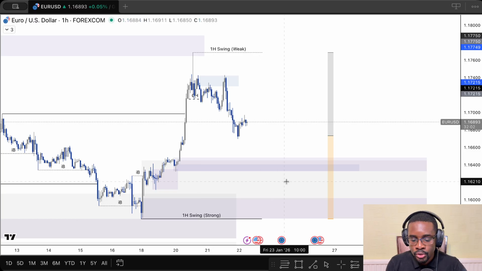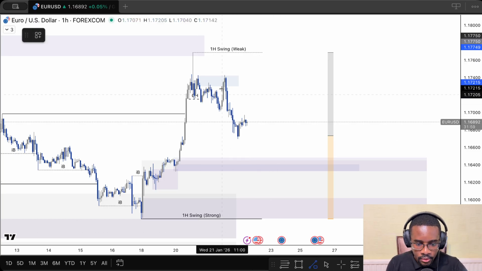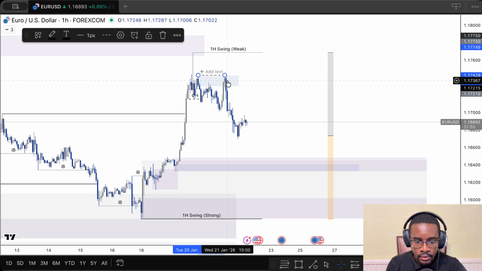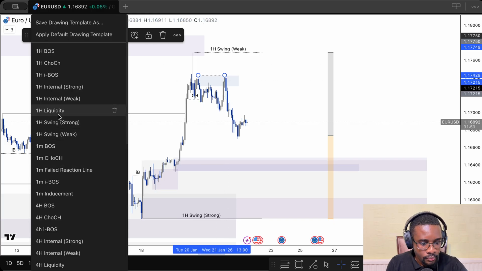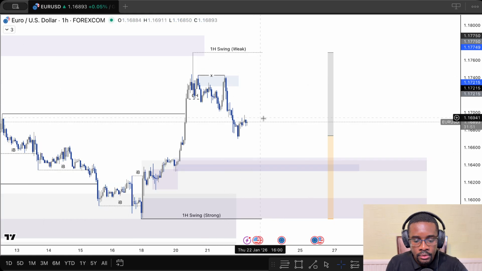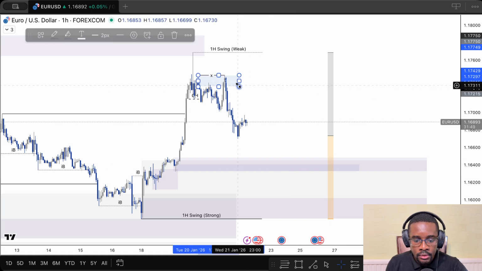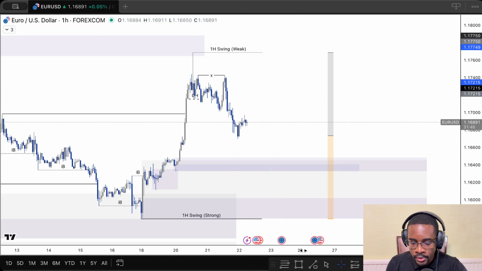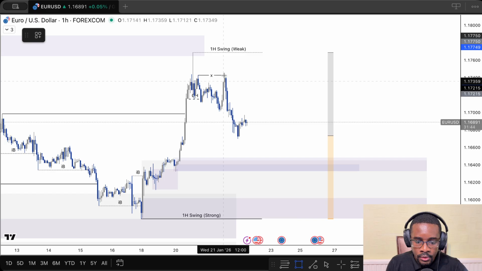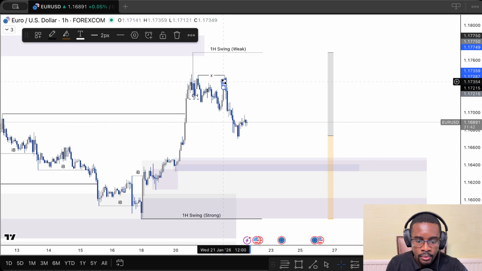So we did sweep slightly, right there. So this supply was eliminated, and then we have this POI right there.